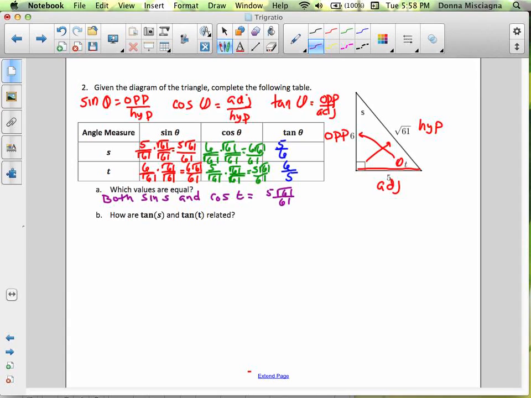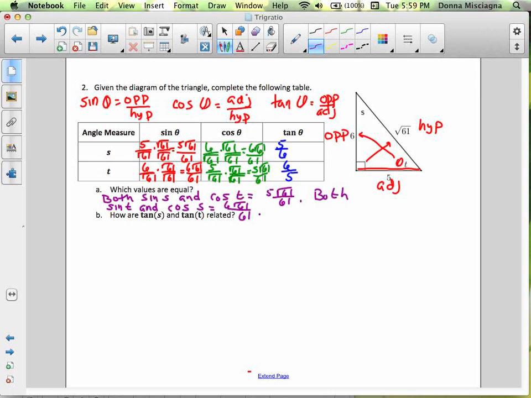So what was opposite is now adjacent. What was adjacent is now opposite. So the sine of one is equal to the cosine of the other angle. And likewise, both sine T and cosine S equal 6 square roots of 61 over 61. They're both equal as well.